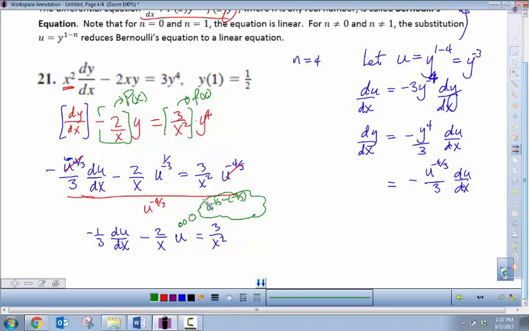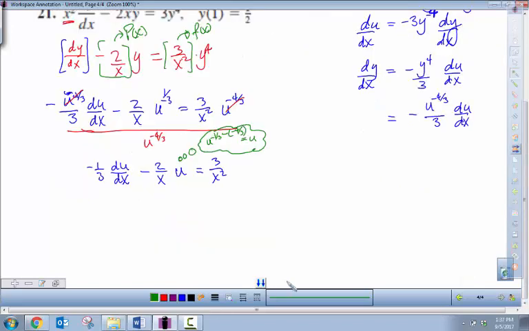So negative 1/3 minus negative 4/3 is positive 3/3, which is u to the first power. And that's where the magic happens. Now it's linear in u. And I suppose we can just get rid of this 1/3, just one more step. We could have divided by 1/3, but I wanted to look at the variable itself and see what happens to the variables.